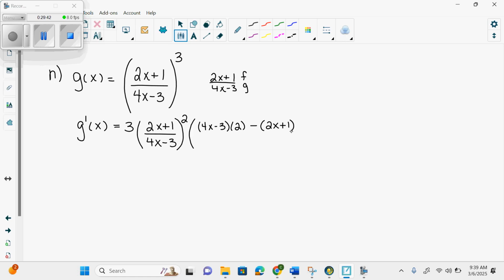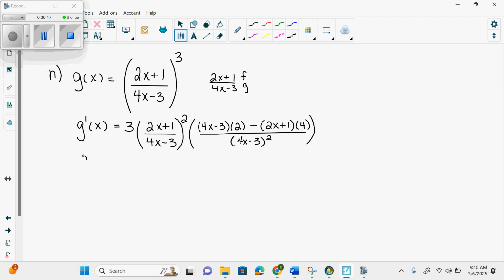Times the derivative of g. 4. All over g squared. Does that make sense, what we just did? We drop the 3 in front, raise to the exponent of 2, and then we have to do the derivative of the inside, just like we did before. The derivative of the inside just happens to be a quotient rule.